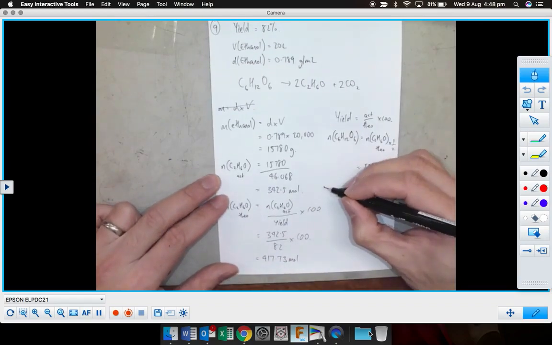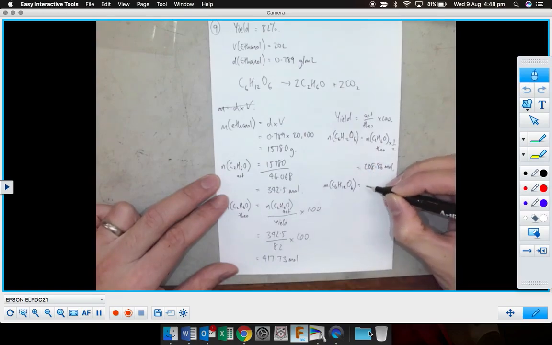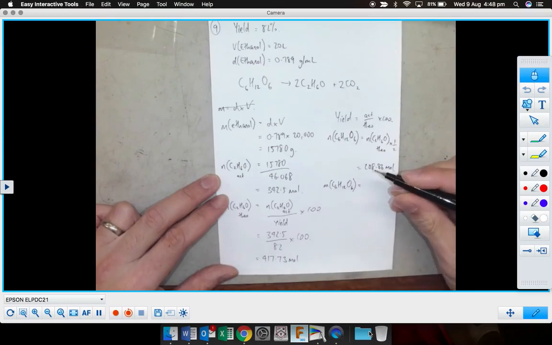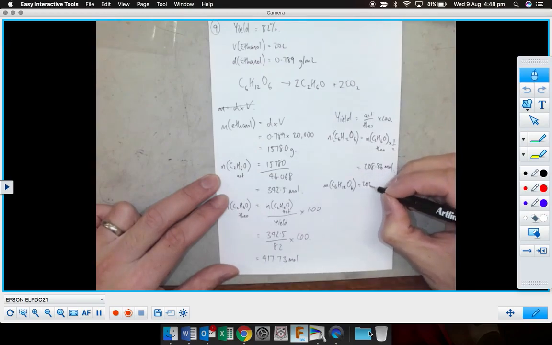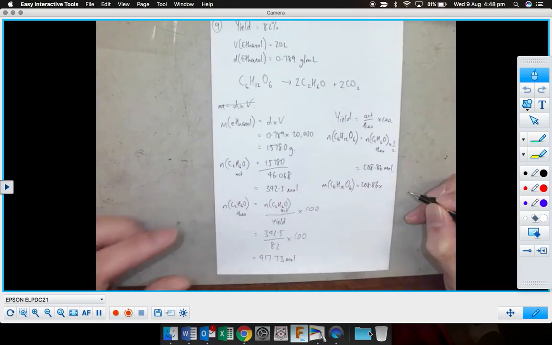And then I'm going to be able to work out the mass of that sugar, which will be equal to 208.86 times the molar mass of sugar.